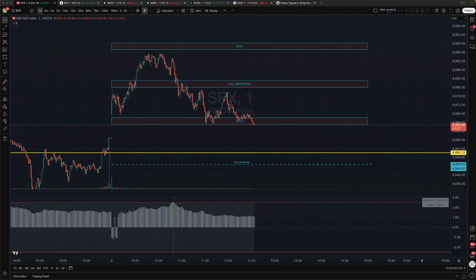We're letting theta work in our favor. That's time decay, the only other important one in my opinion. There's Vega and Rho. Those don't affect us as retail traders quite as much.